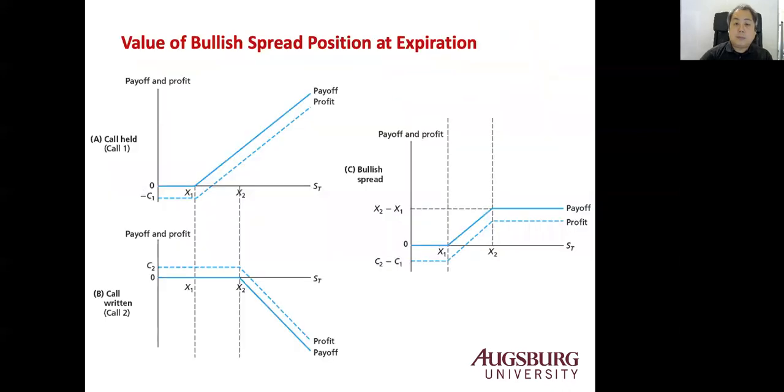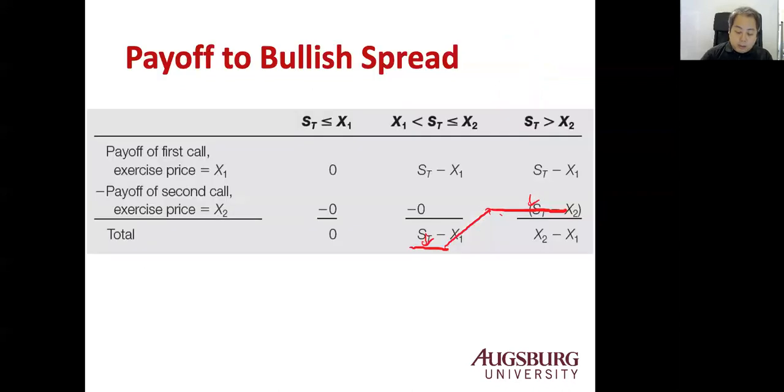Again, see what happened. So the payoff will be like this. Your payoff is 0 for the first zone, and in the second zone it increases to X2 minus X1, and then the third zone is flat. So you have a floor and ceiling together. The profit is, from the previous slide, the cost of the option: you buy call 1 and you receive call 2, right?